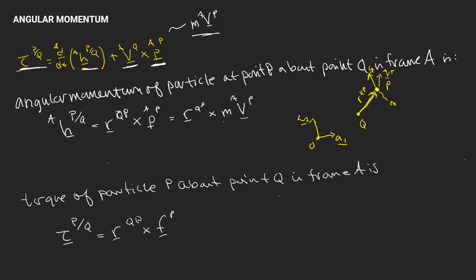So you can already start to see the similarities between these two equations for torque and angular momentum. In torque we're crossing our position vector with our force vector, and for angular momentum we're crossing that position vector with our linear momentum term.